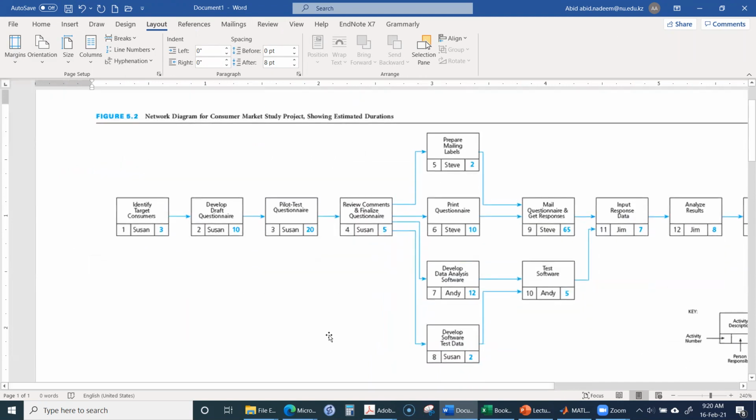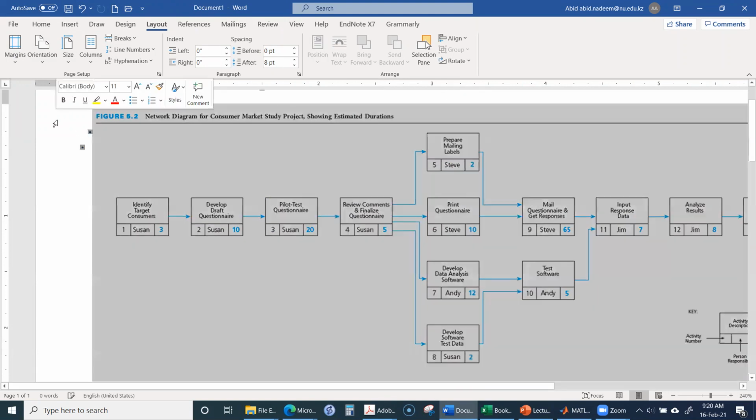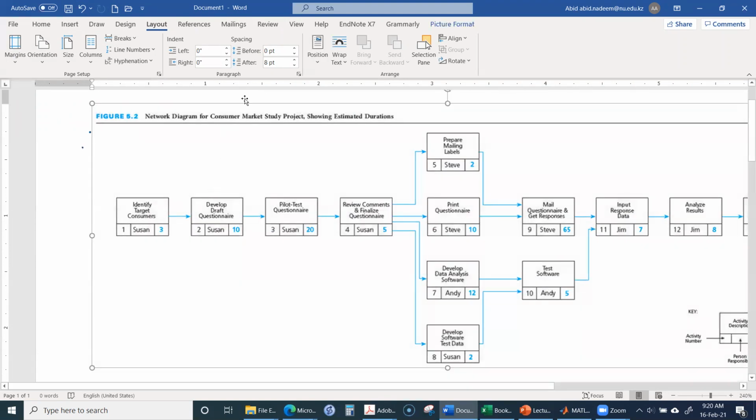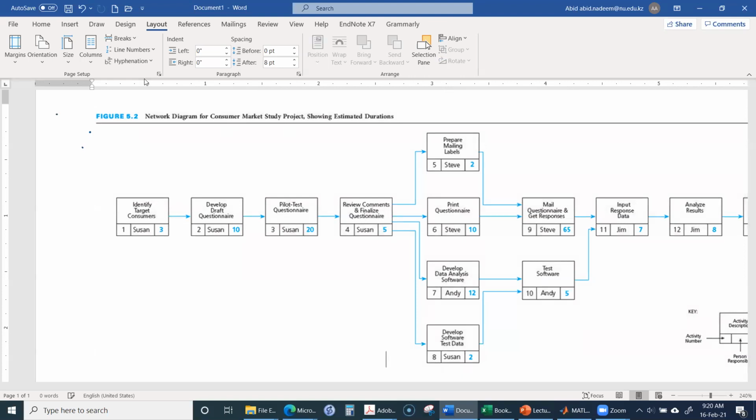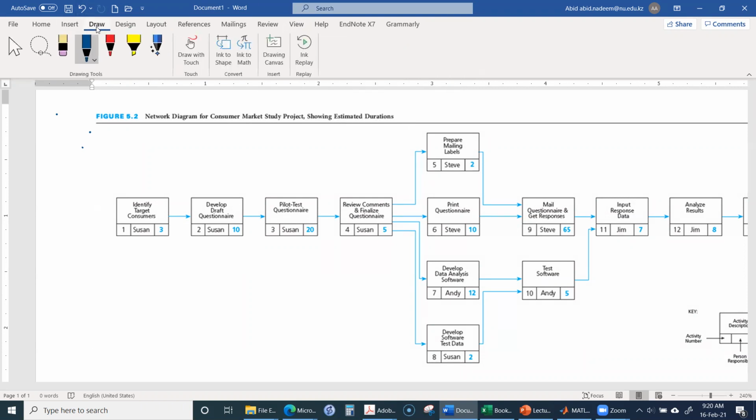Okay, so what I'm doing now is I'm going to perform the network calculation.